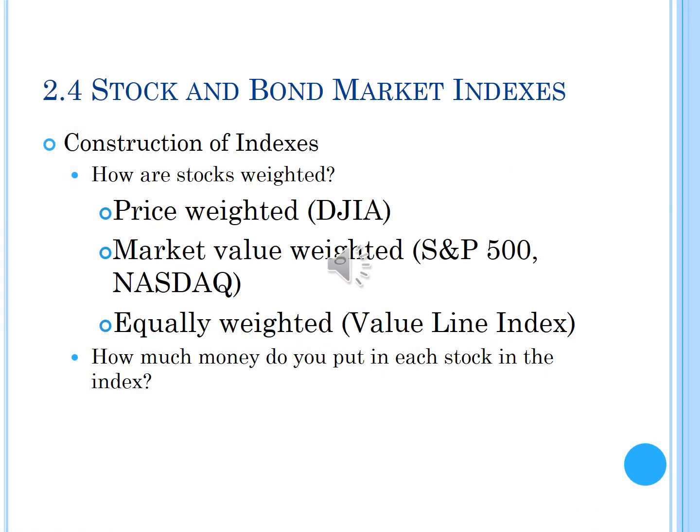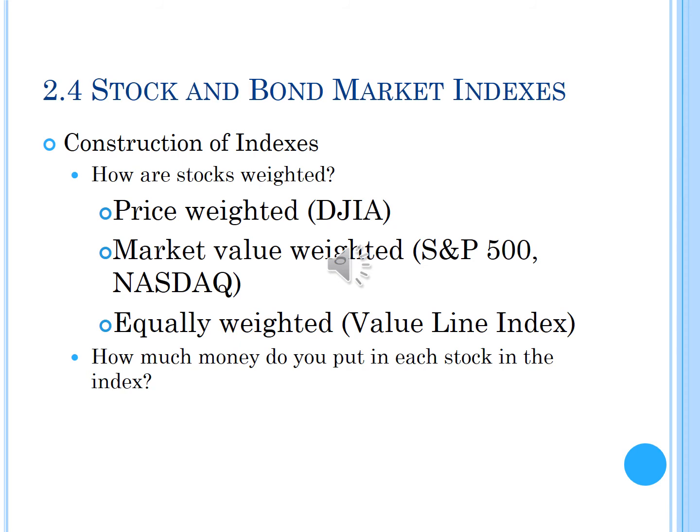Now, when it comes to construction of indices, there are three main approaches that are used to construct different indices. We have the price-weighted indices, such as the Dow Jones, which might be the most popular one. A price weighted average is an average computed by adding the prices of the stocks and dividing by a divisor. Or is the index market value weighted, such as the S&P 500 and the Nasdaq?